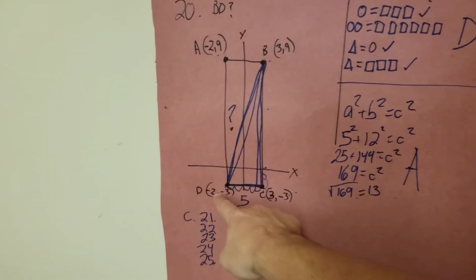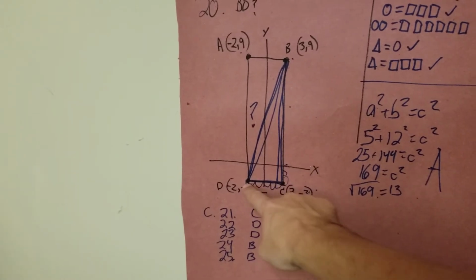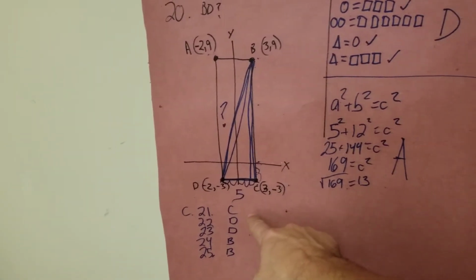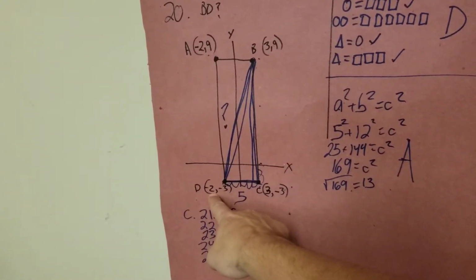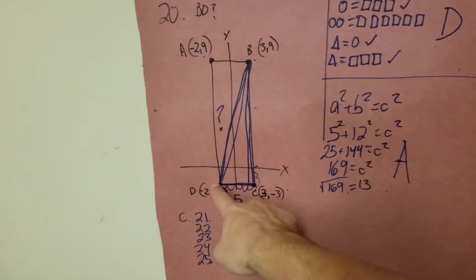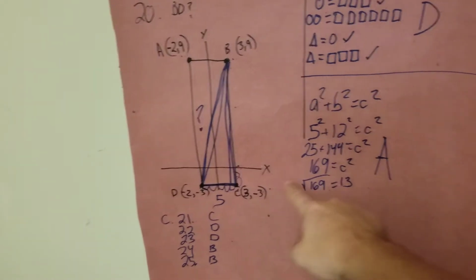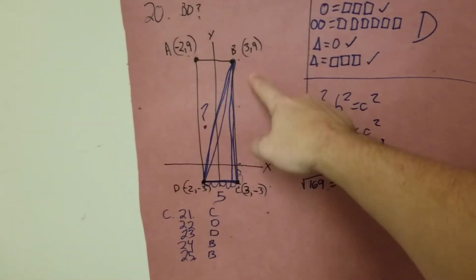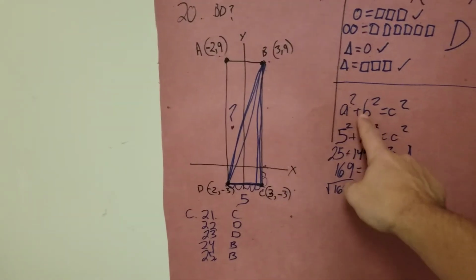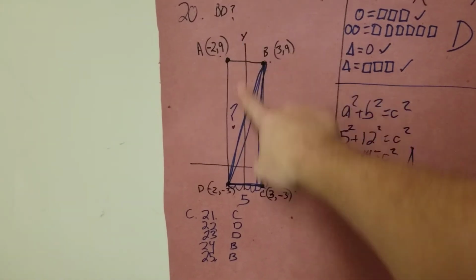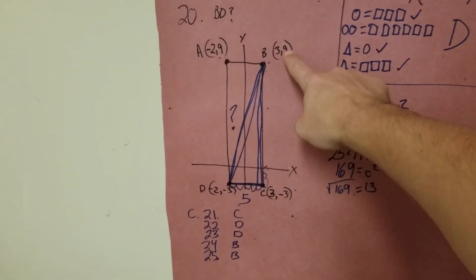So base, you're starting with, what is my x's, right? How far does it go along my x? So x is the first. So -2 to 3. -2 to 1 to 0 to 1, 2, 3 is 5. So I have my 5. My height, or my b, is my y, my vertical. So it's at 9.